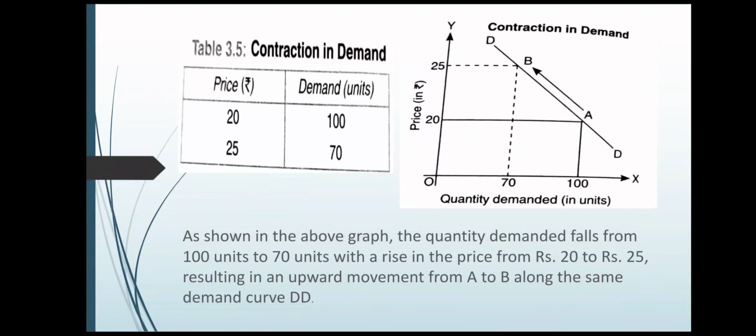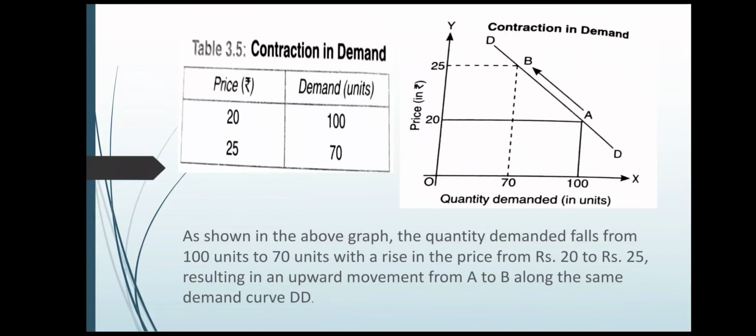So you need to remember the other name of contraction in demand, that is decrease in quantity demanded. Again, there is a schedule and a graph along with description. So the schedule has got two columns, one for price and the other for demand. When price is rupees 20, demand is for 100 units. When price increases to rupees 25, demand decreases to 70. The same has been reflected over here in this graph. Now these dotted lines are showing the change that has taken place.